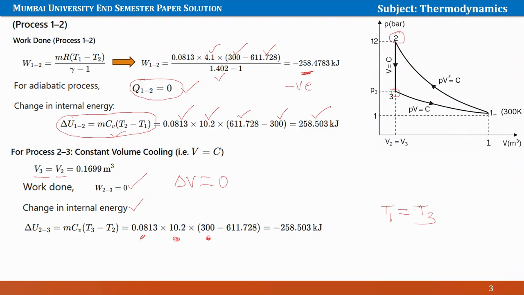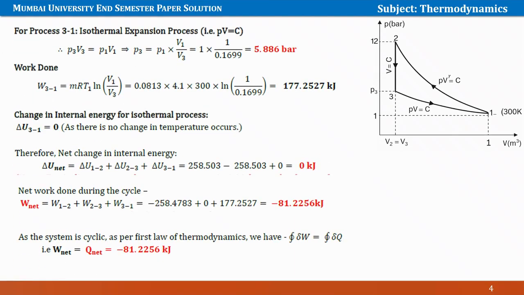Because the 3 to 1 process is an isothermal process, and during an isothermal process temperature remains constant, and we know T1 is 300. That's why this also becomes 300 Kelvin. So put those values and find the value of delta U, that is the change in internal energy during the process 2 to 3.